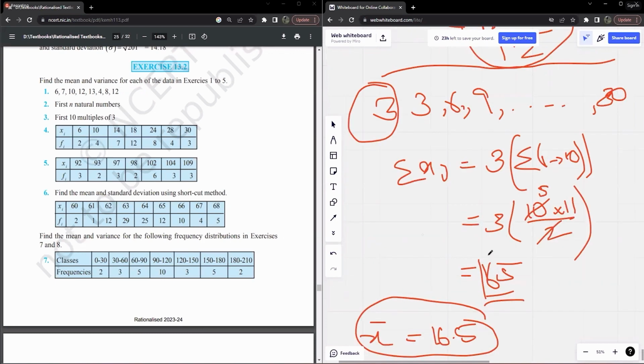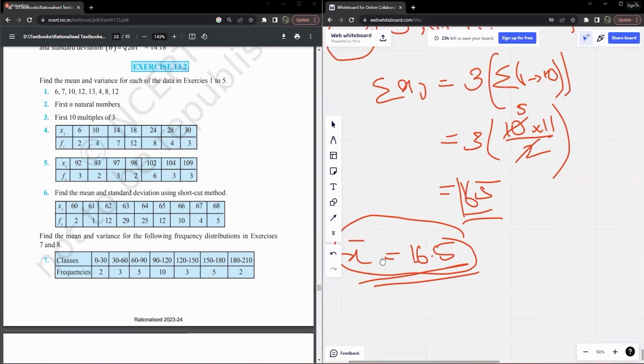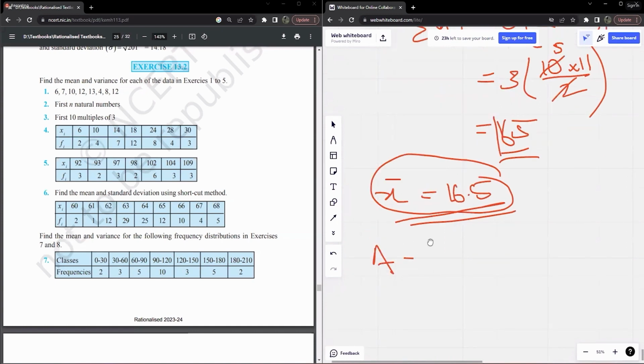Since this is decidedly not a natural number, what we are going to do is find the variance by the step deviation method, right? Because it's going to be easier when you don't have a natural number, because you don't want to deal with the 1.5 square, 2.5 square, 12.5 square. That's the pain. So what we're going to do is assume that A equals 18, because it's between 15 and 18, I take the bigger value.